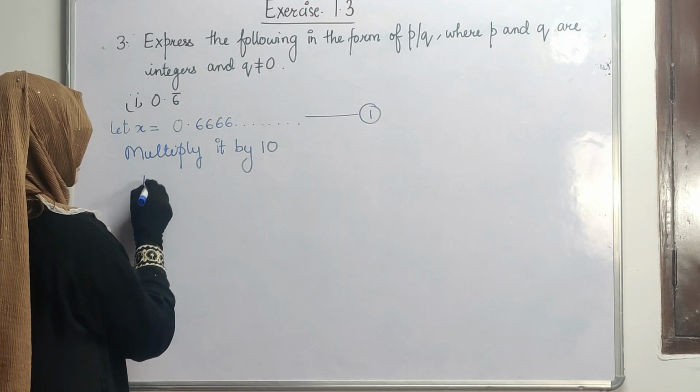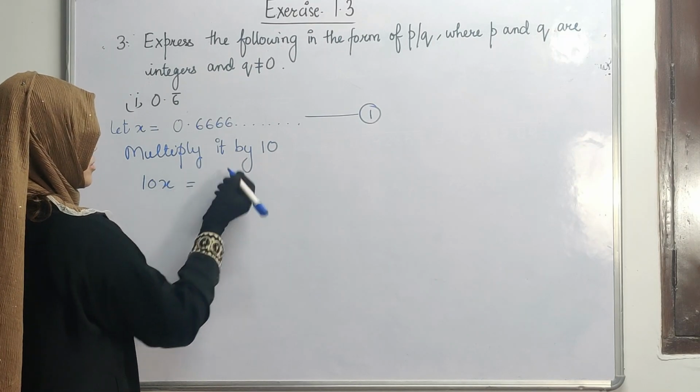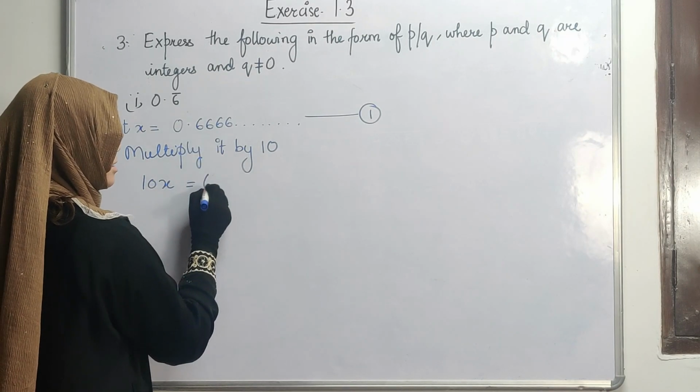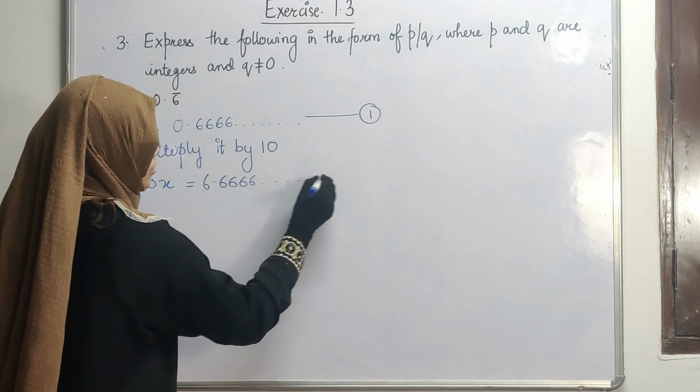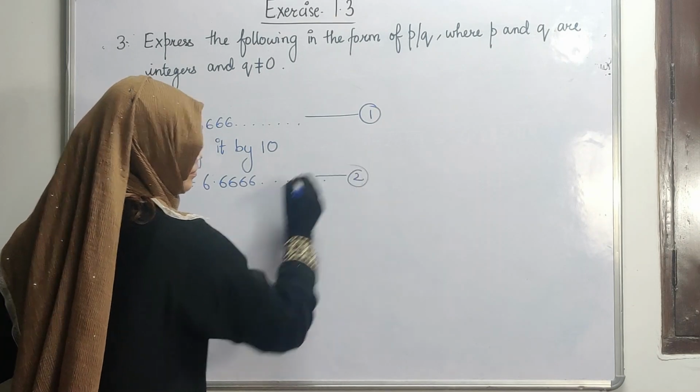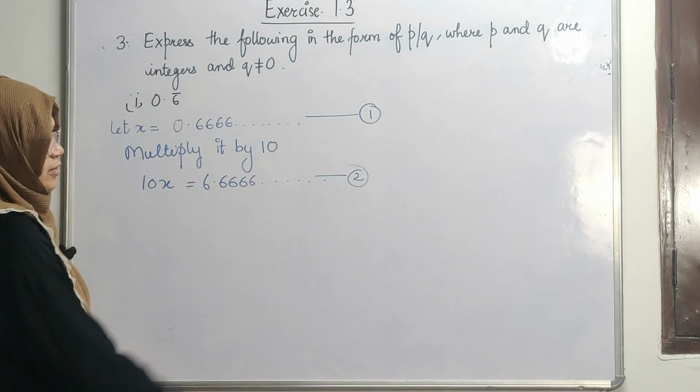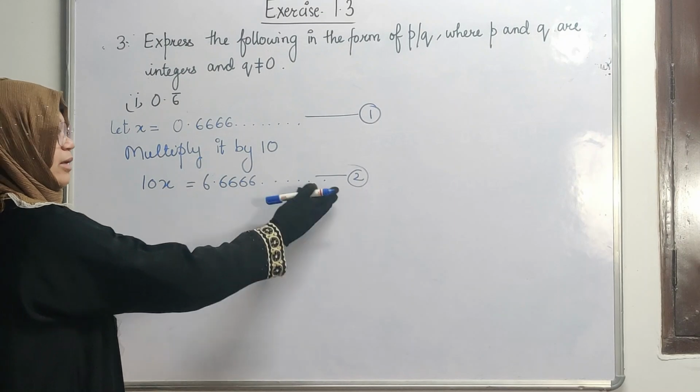Multiplying, you will get 10x equals 6.6666 and so on. We get equation 1 and equation 2.